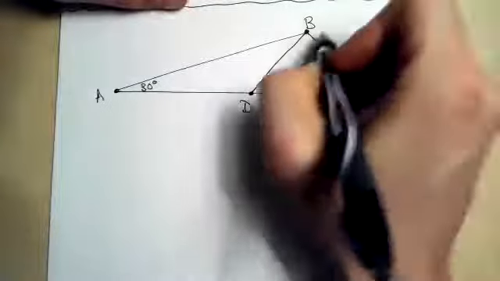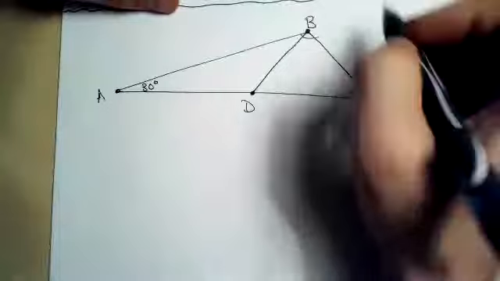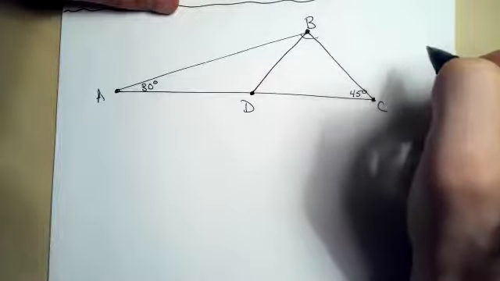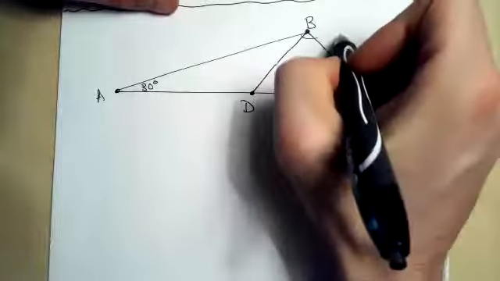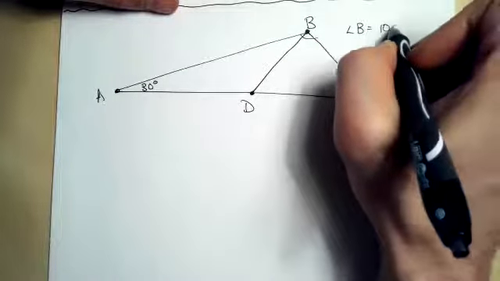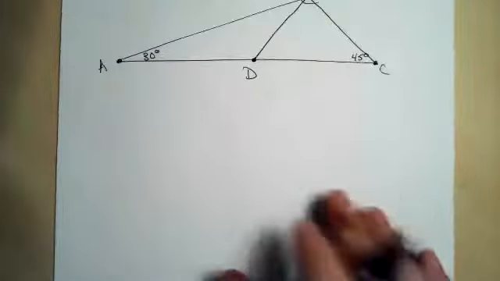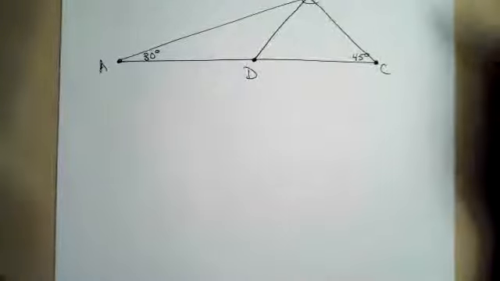So that makes angle B 105. Then let's see, just put some side lengths.